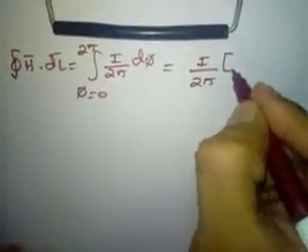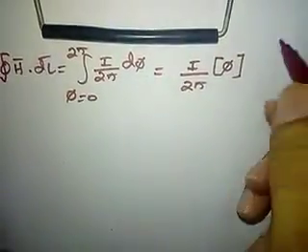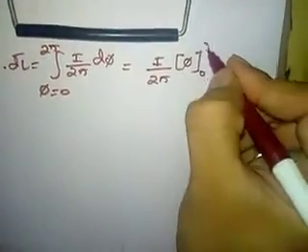So that will be equal to I divided by 2 pi times phi, right? The integral of d phi is phi over the limits 0 to 2 pi.